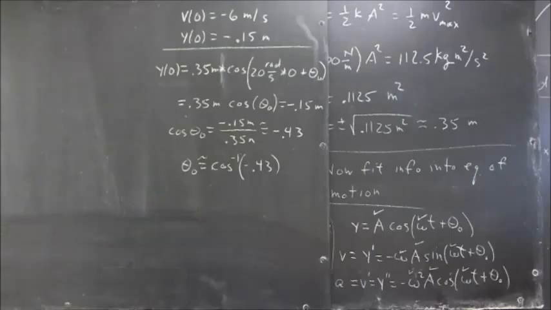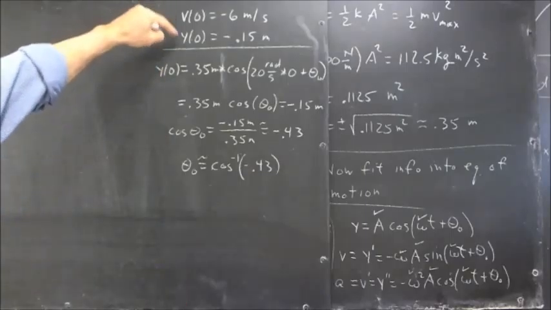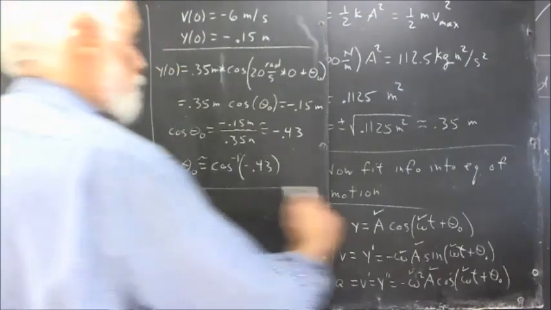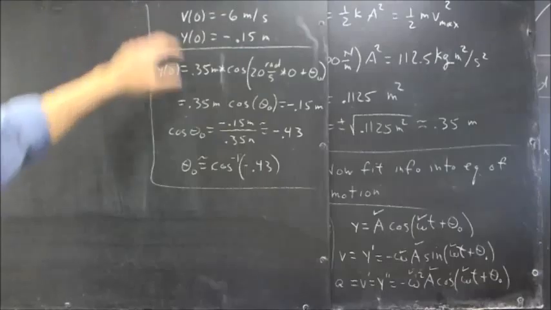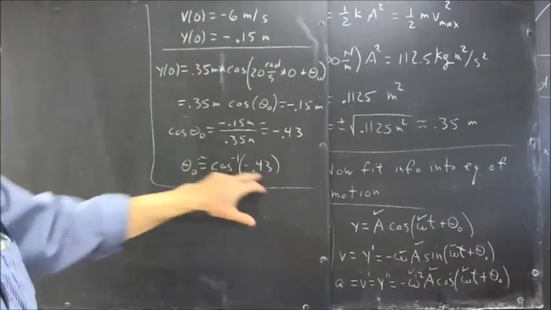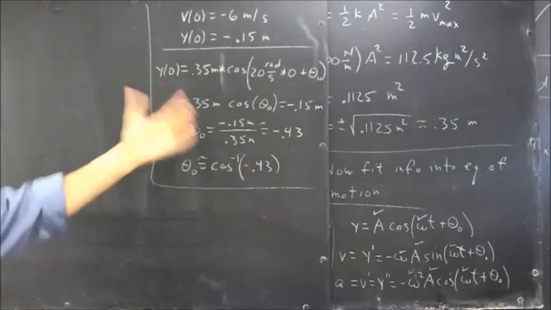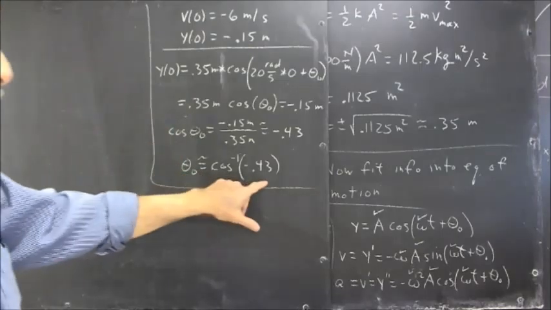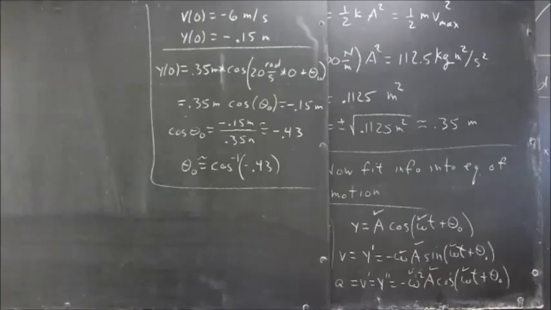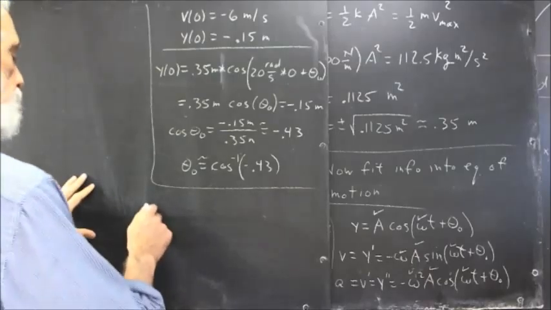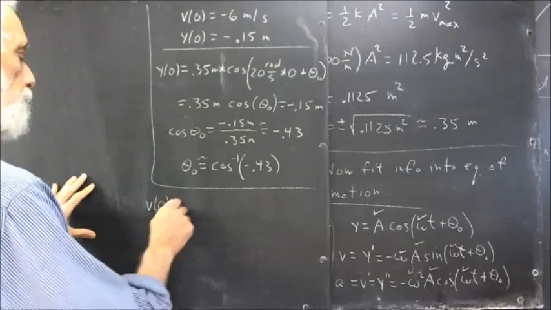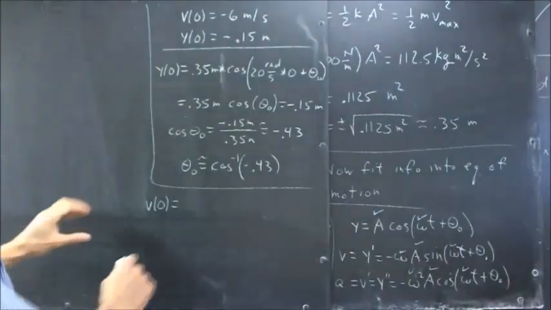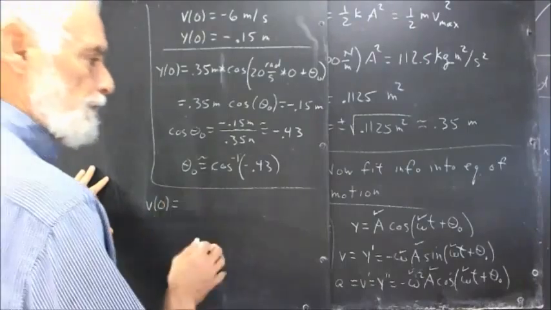We'll estimate that just to reinforce unit circle reasoning and so forth, and we'll do that in a minute, but let's go on and see what would happen if we'd used our initial velocity as a condition, because if we get an angle theta naught that's not consistent with this, within round-off error and approximation error, we've got a problem. Okay, well, so let's see. v of 0, we just substitute 0 into this equation, and that's going to give us negative omega A times the sine of theta naught.